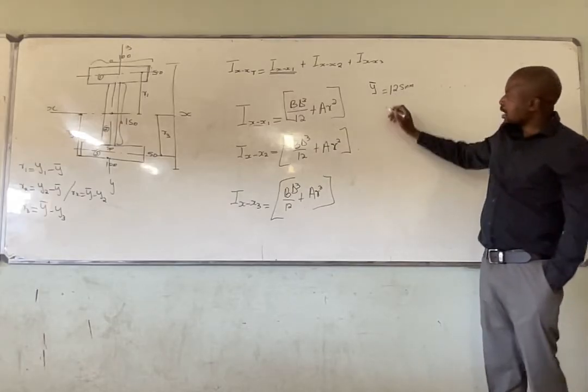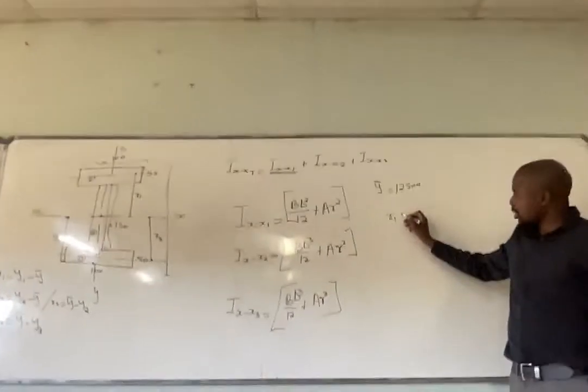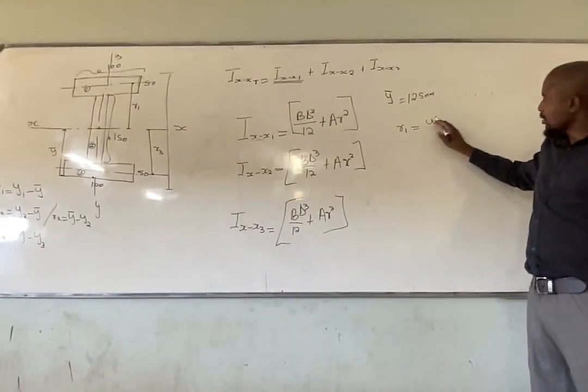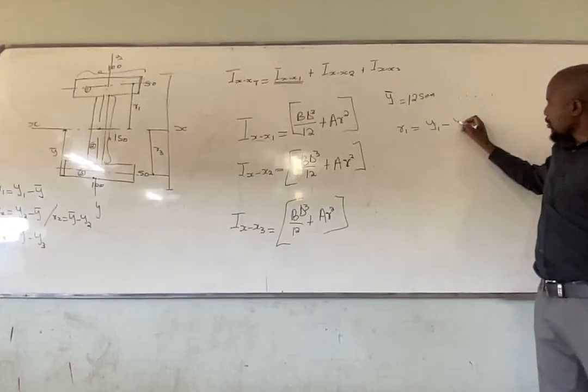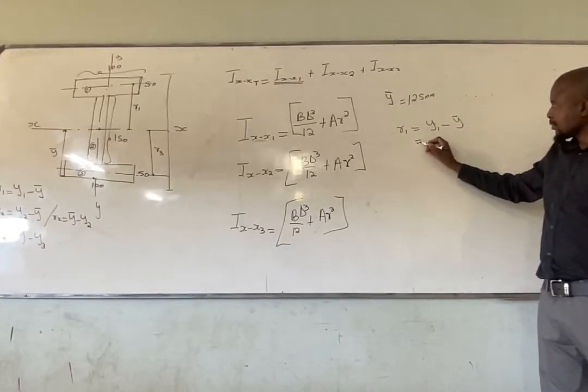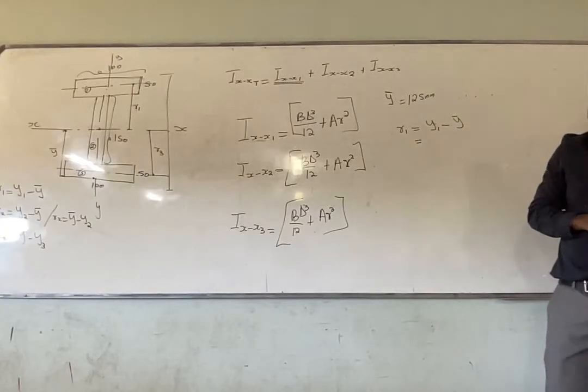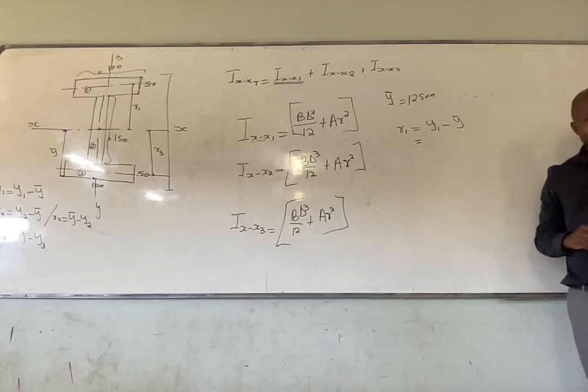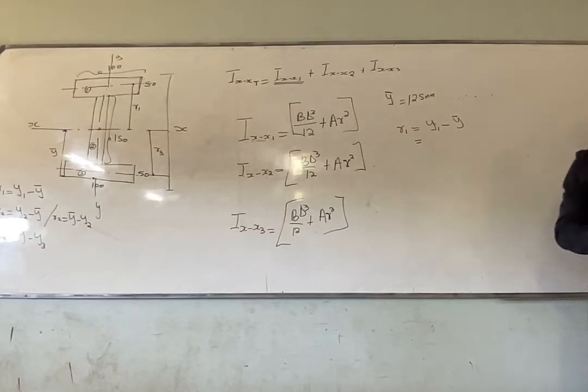We need to find R1. So R1 we said is y1 minus y bar. And how did I define y1, or what is our y1 in this case?